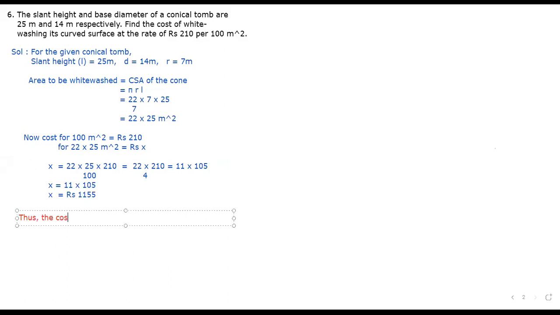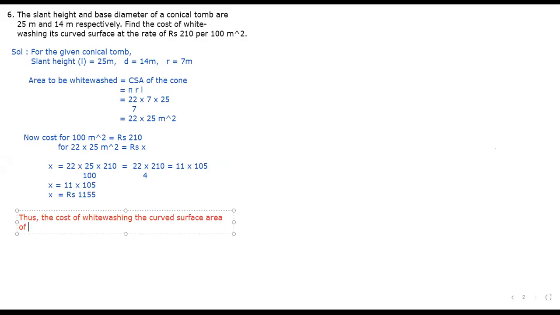Thus, the cost of whitewashing the curved surface area is rupees 1155. Always write the answer statements. Compulsory, children. See, for every question I am writing the answer statement. Thus, so and so. Always have the habit in the board exam.